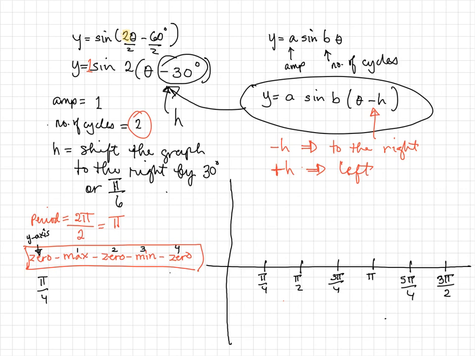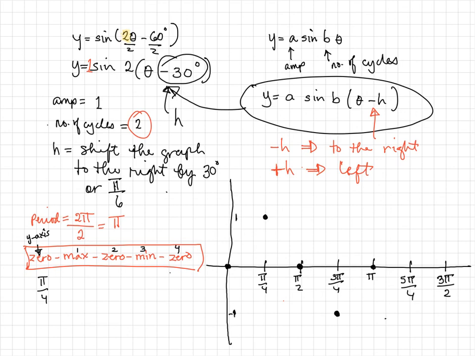But so from there, okay, let's graph it. So it starts with 0. Then it goes up to the maximum. So let's just have 1 over there and -1 there. So go up to the maximum, go down to 0. Then go down again to minimum.